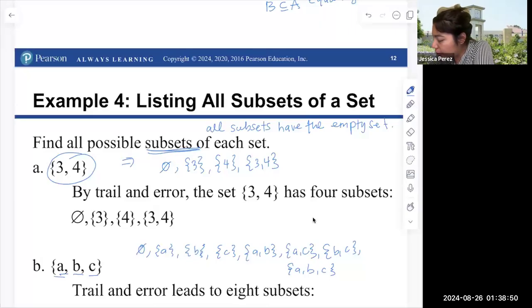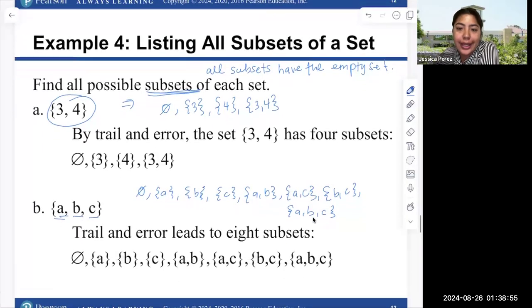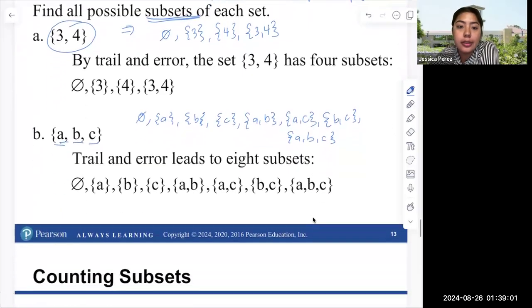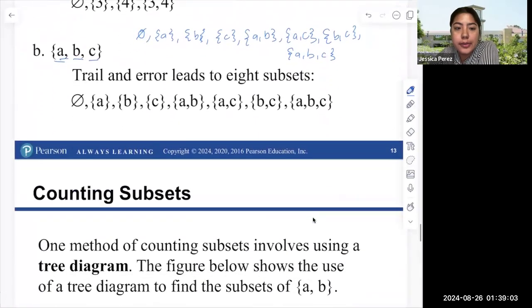So you have 1, 2, 3, 4, 5, 6, 7, 8. 8 subsets.